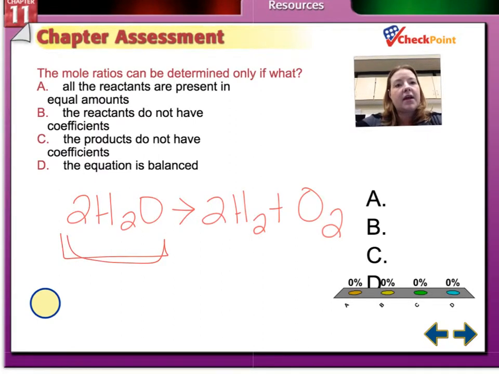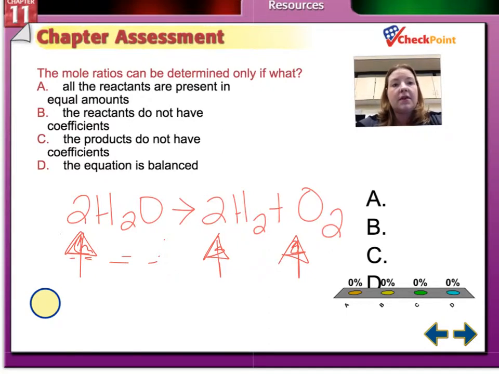Letter B, the reactants do not have coefficients, so that would mean that you have no numbers right here in this particular example. C, the products do not have coefficients, so that would mean no coefficients for either of these guys. Or D, the equation is balanced. The correct answer that you should be thinking of is that the equation has to be balanced.